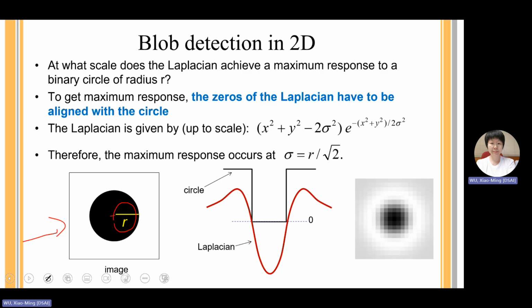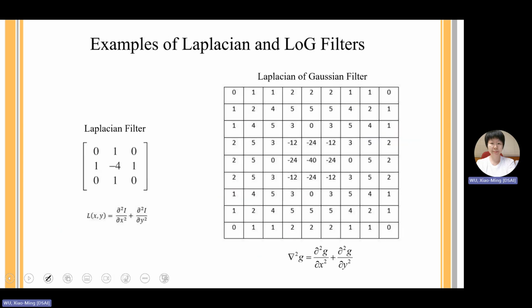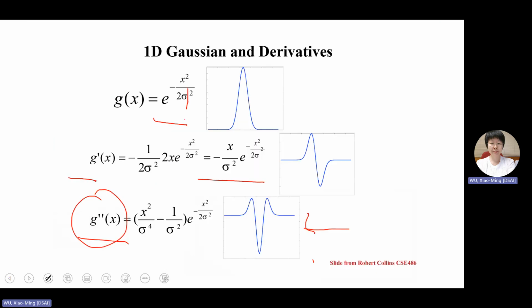If we apply the Laplacian function, you can see there's one parameter in the Laplacian of Gaussian, and that parameter is sigma. The sigma parameter is also the parameter in the Gaussian function.